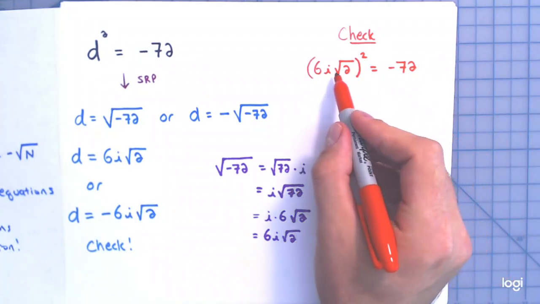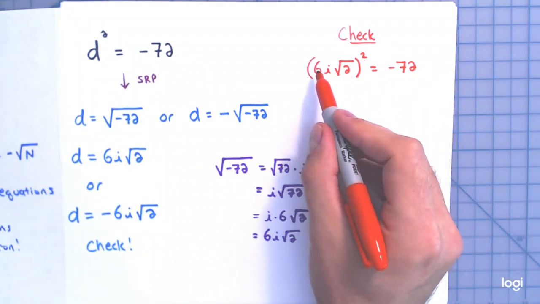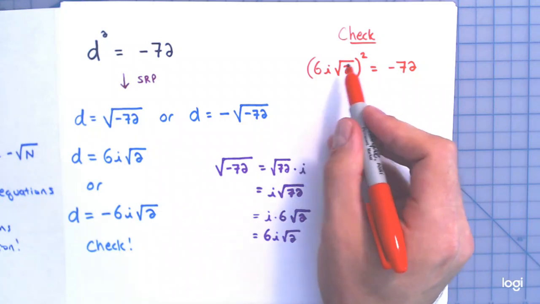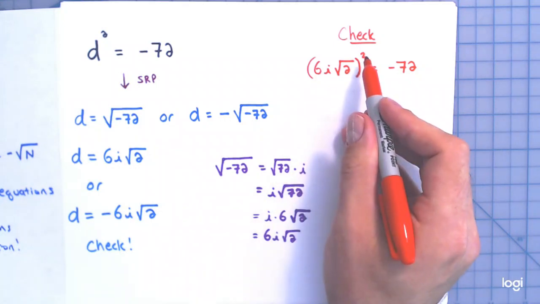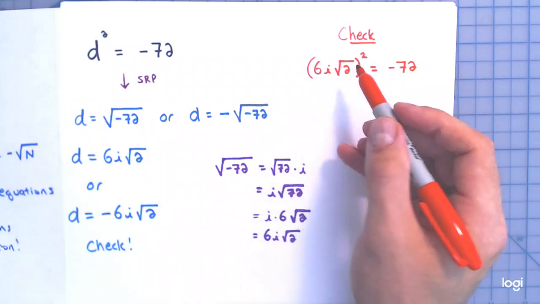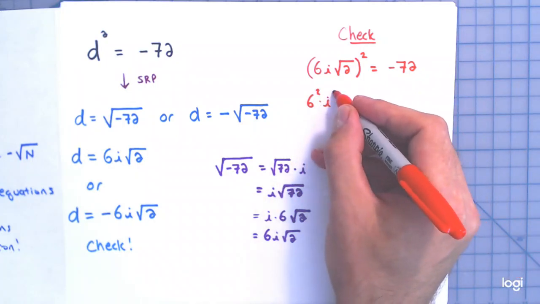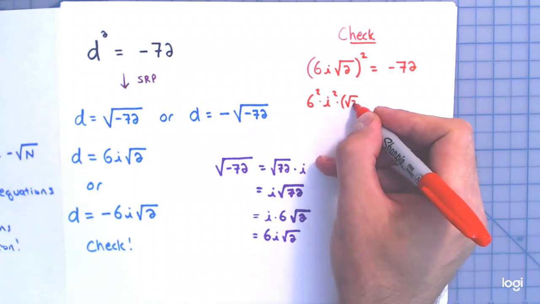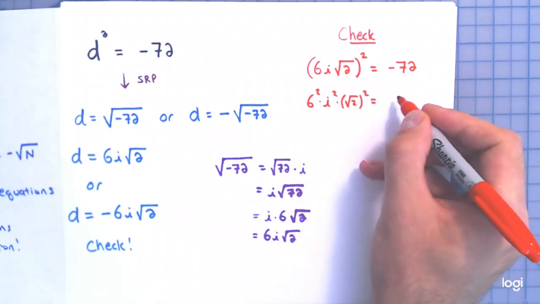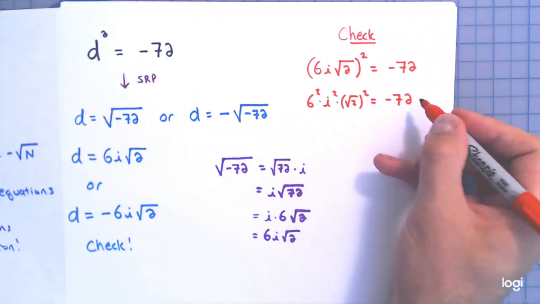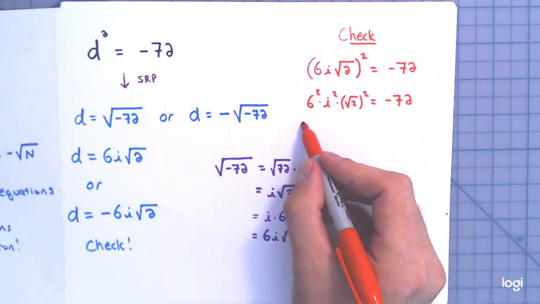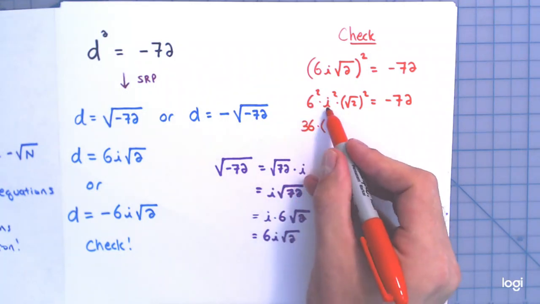Let's see. This is a big product: 6 times I times the square root of 2, squared. When you have a product to a power, you can put that power on each factor. So this is 6 squared times I squared times the square root of 2 squared. Is that equal to negative 72? What is 6 squared? That's 36. What is I squared?